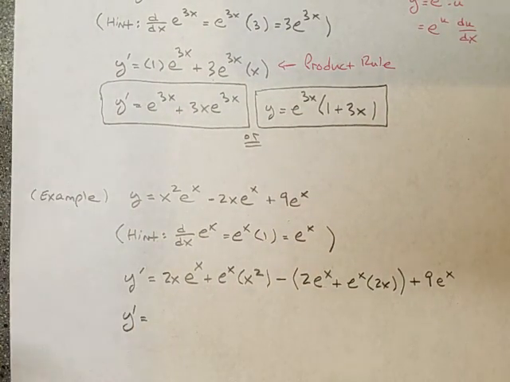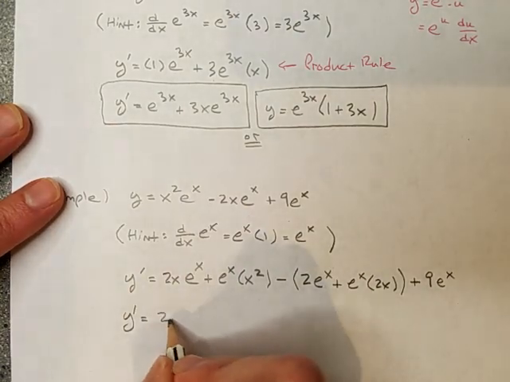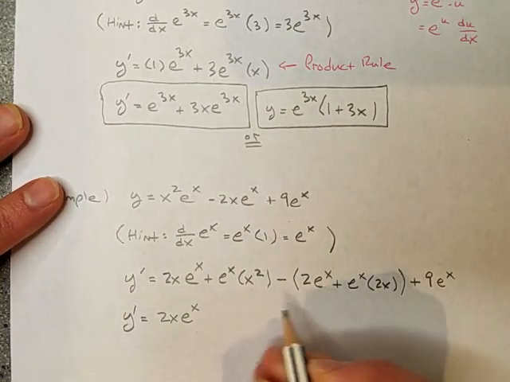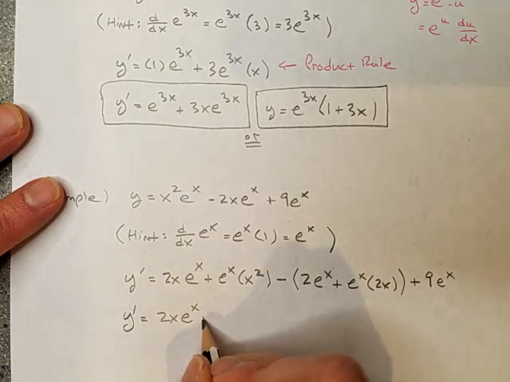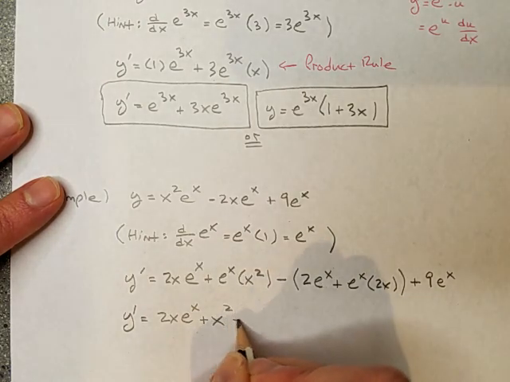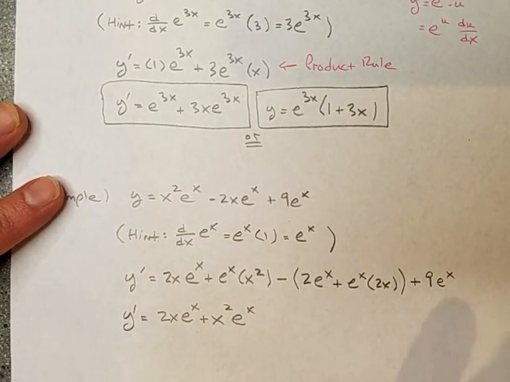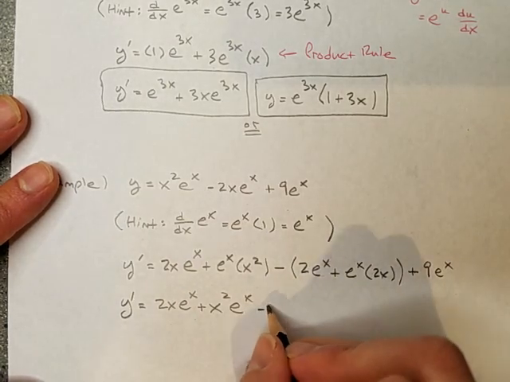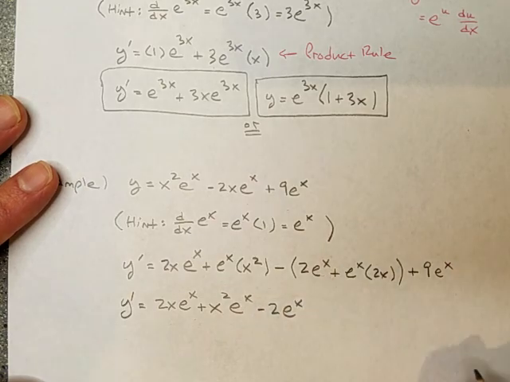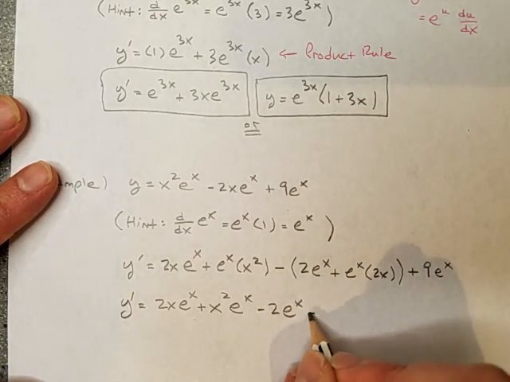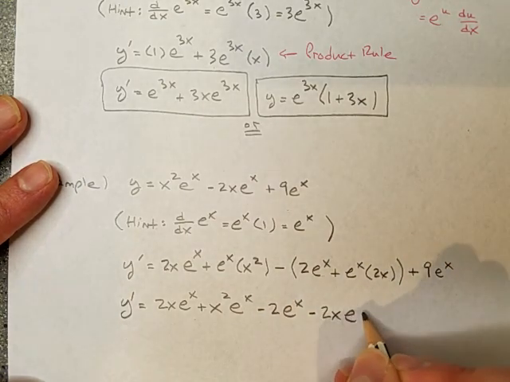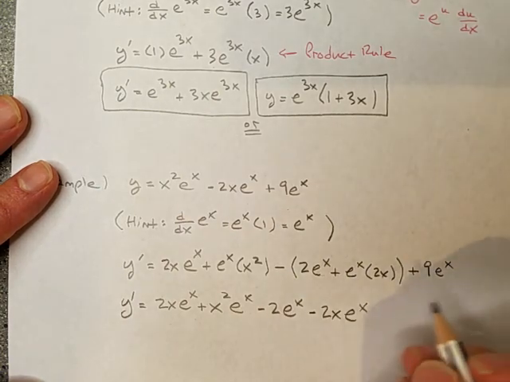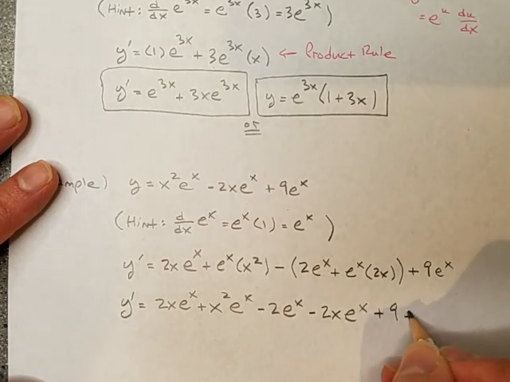Let's clean it up a little bit. So I got 2x e to the x. This, let me go ahead and write that, x squared e to the x. All right. Then this minus applies in there. Get minus 2 e to the x. And then minus 2x e to the x, right? Plus 9 e to the x.